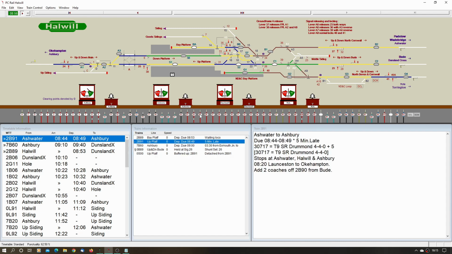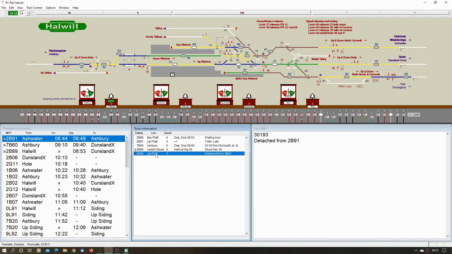The signals there. 25 and 24. And I've got to try and move this one somehow or somewhere. In actual fact, if I can move him in the platform, clear this point, I could just leave him there for later on. Right, let's enter in section for that one.